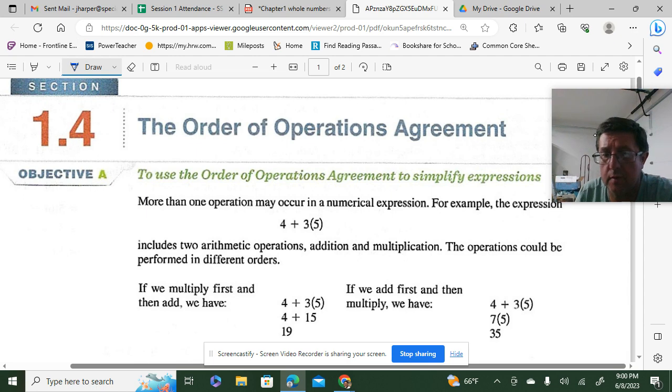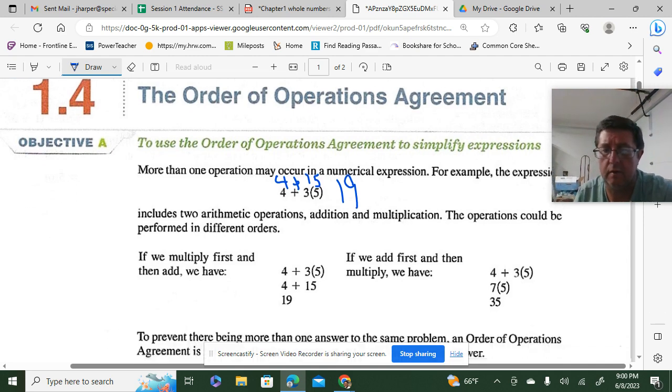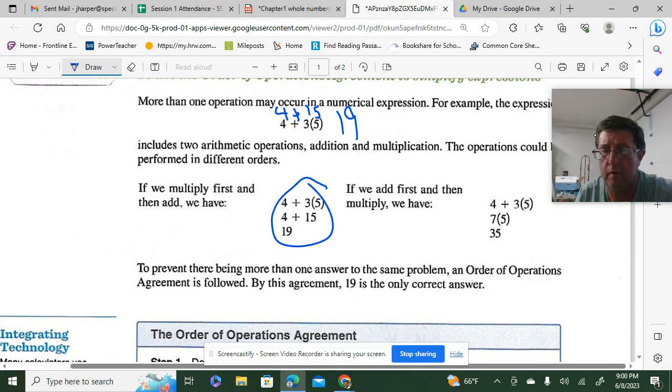So if you see parentheses up here, you do that first. You do what's inside the parentheses. Here, there's nothing inside the parentheses other than 5. There are no exponents, so the next one is multiply. Is there a multiplication? Yes, there's 3 times 5. 3 times 5 is 15. Now you're going to do the plus 4, which would be 19. And that's what they did right here.